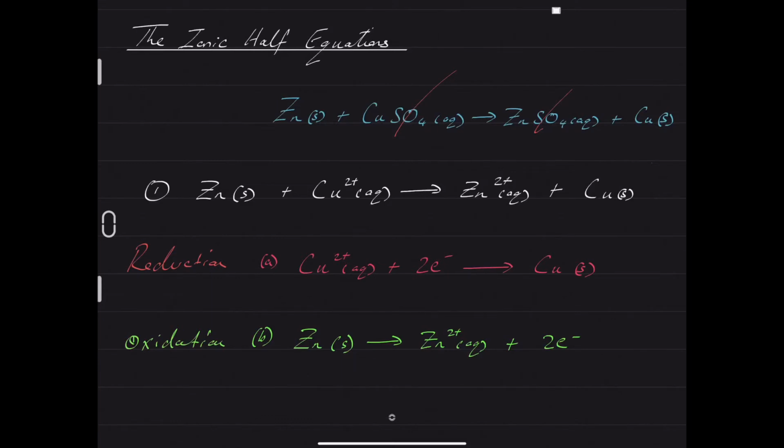Reduction is gain of electrons, and the copper 2 plus has been reduced to copper. And in B, which is an oxidation reaction, the zinc atoms have been oxidized. Oxidation is loss of electrons, and what's happened is we've gone from zinc atoms to zinc 2 plus ions.